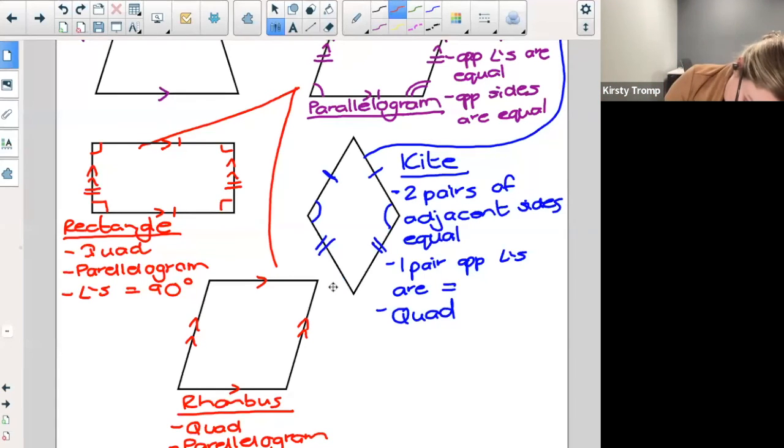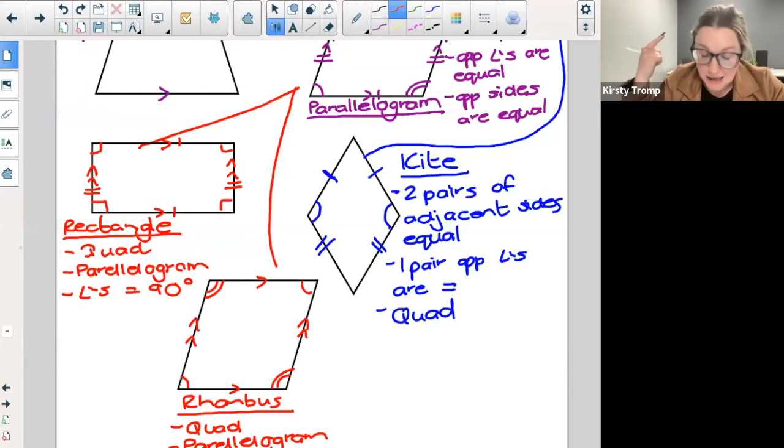So this angle and this angle are equal, and this angle and this angle are equal. And the last thing about a parallelogram was that the opposite sides were equal.